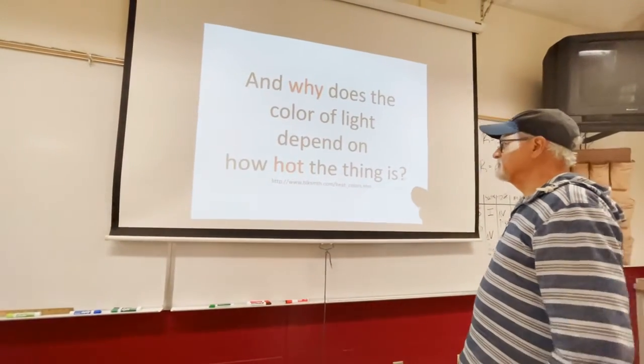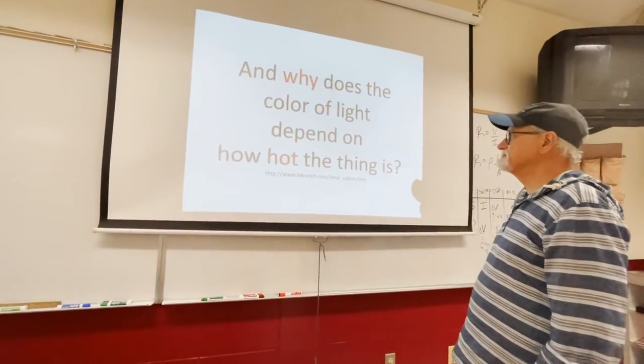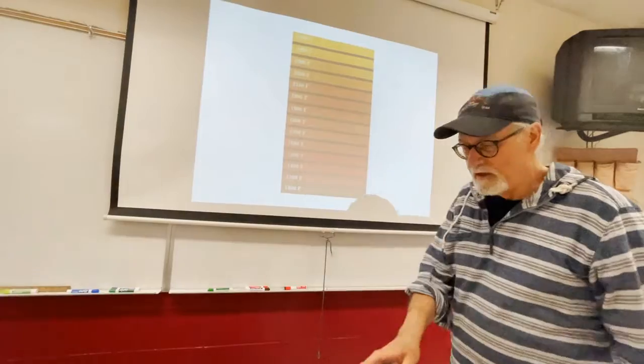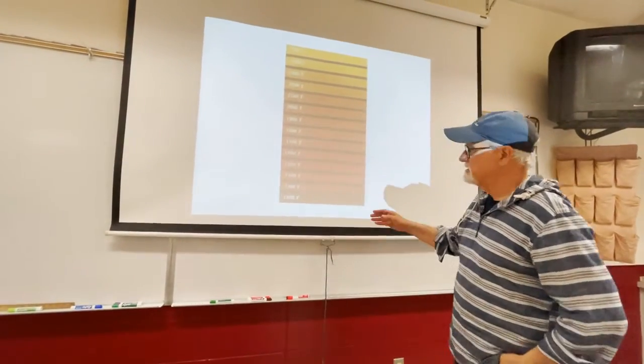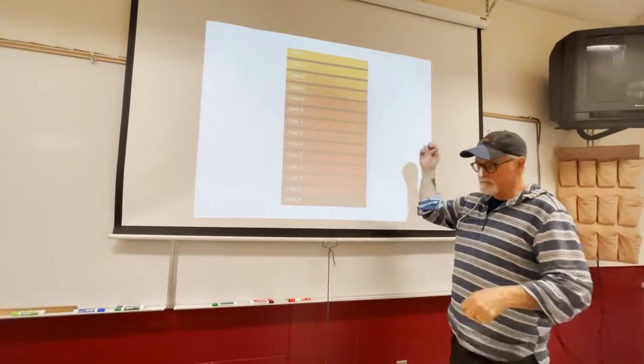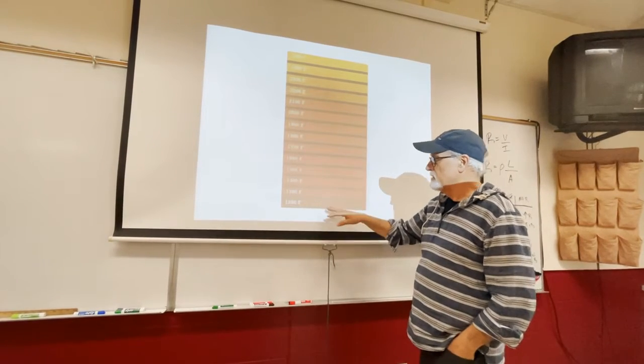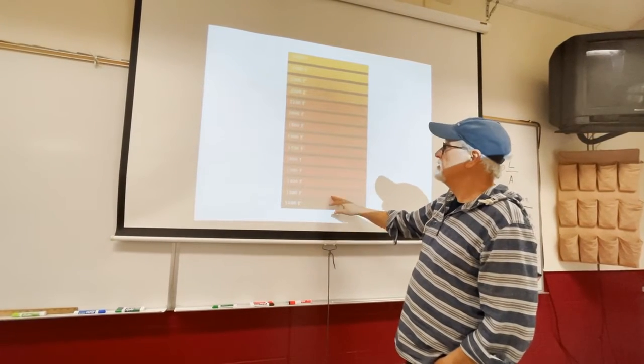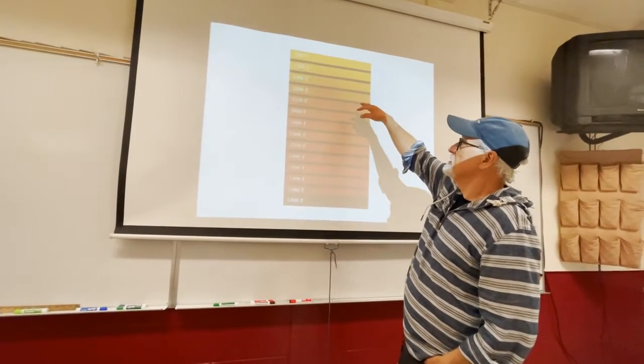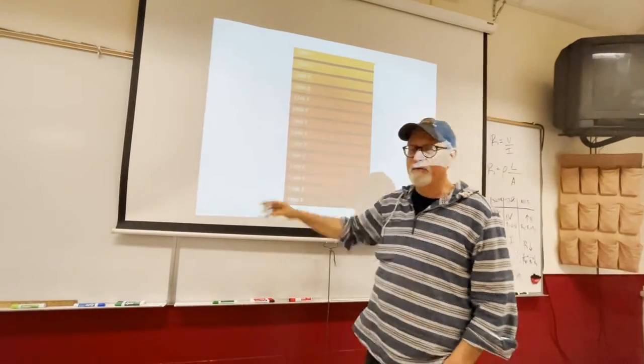Why does the color of light depend on how hot the thing is? Blacksmiths can tell how hot metal is when they're beating on it by looking at the color. It goes from a dark cherry red all the way up to orange and yellow and bright yellow and white hot.